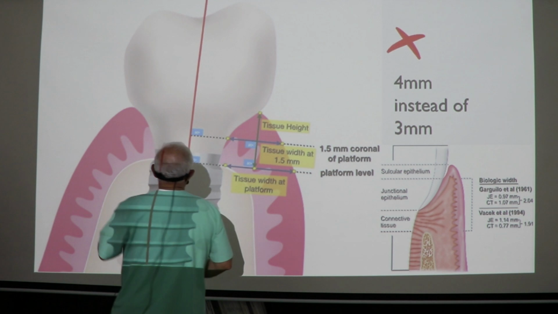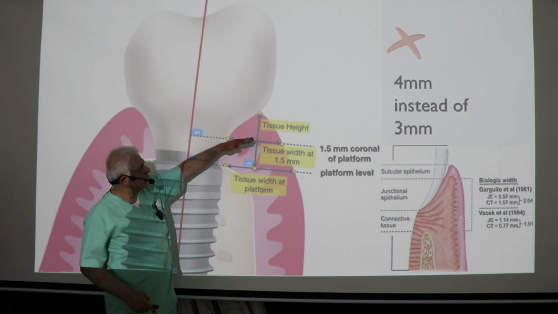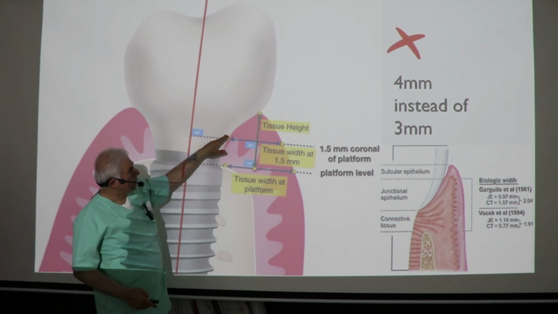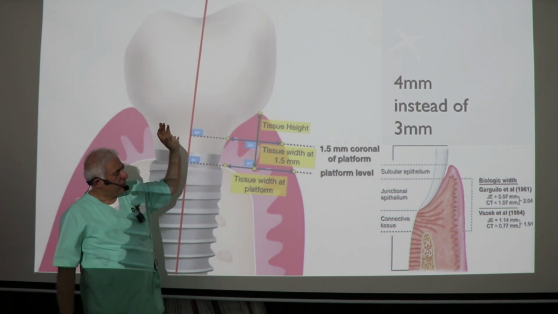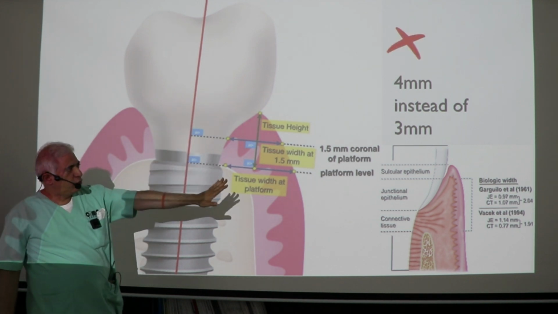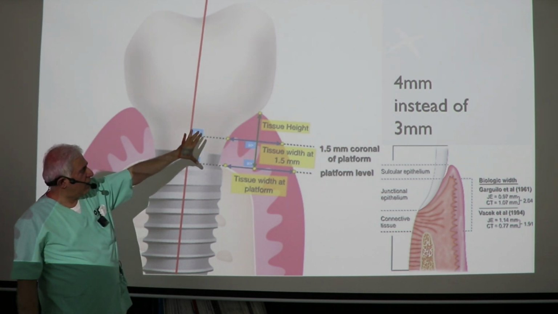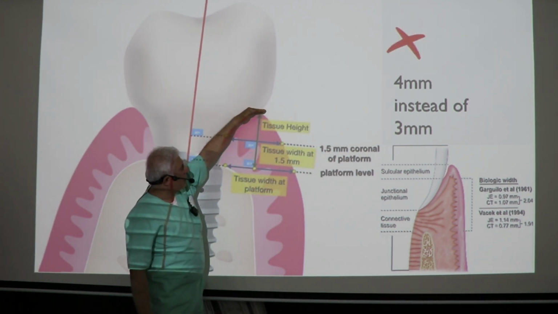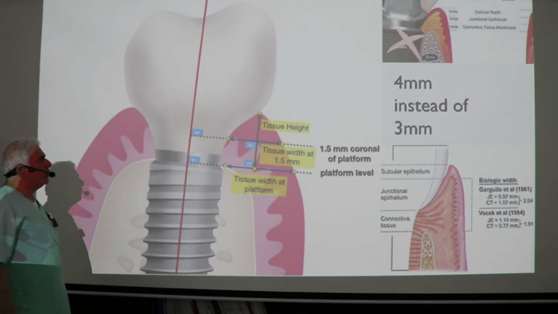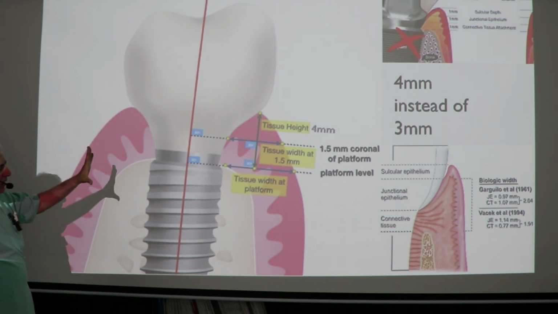So, we know the 1.5, straight, not divergent. We know the epithelium can be pushed and it can be glazed. Okay? And the biologic width in a tooth is just 3. In an implant, it is around 4, and we are calculating the 1 millimeter of the cervical epithelium. So from here to here, we do want you to place a 5 millimeter zone of area to be safe.